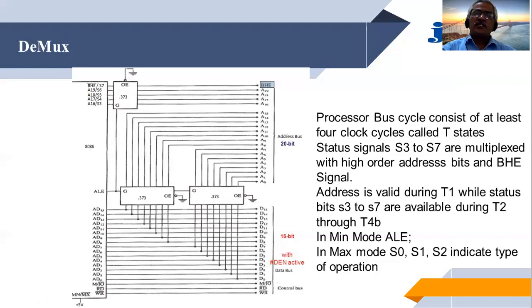So the address is valid during timing state T1: the latches are activated during T1, and a valid address will be available at the output of the latches. The status signals S3 to S7 are available during the T2 cycle.